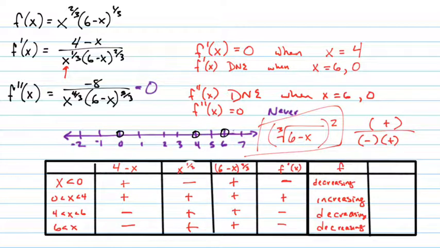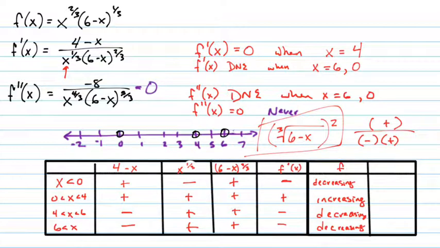Now, what also is helpful is to know what the second derivative is doing in those areas. When we evaluate it with the second derivative, that will tell us whether or not we have local maximums or local minimums.